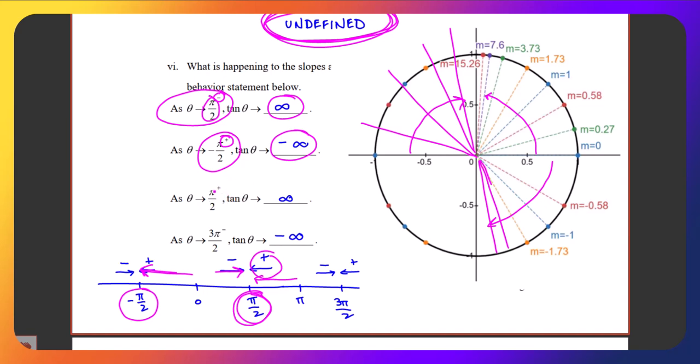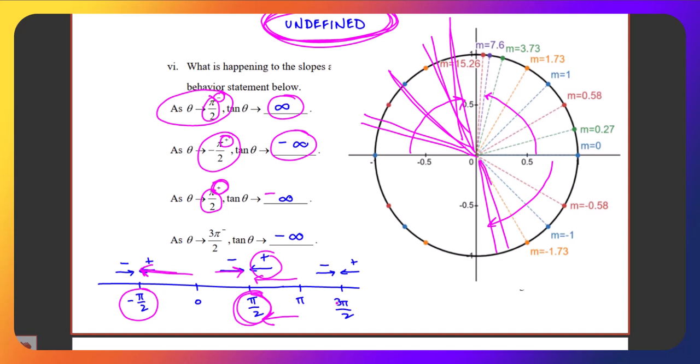If I'm going to pi over 2 from the right, that's this way. Is that right? So I'm going from pi to pi over 2, so that's getting steeper and steeper and steeper, but more negative. So that's negative infinity, steeper but negative.